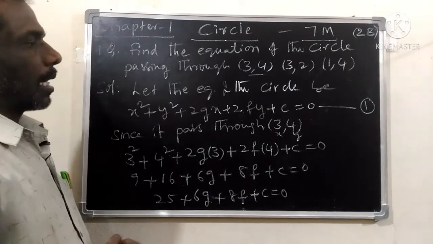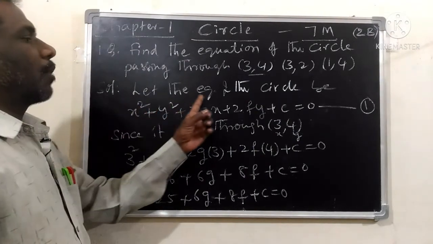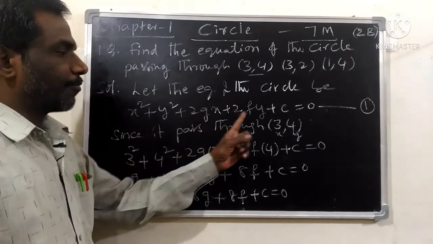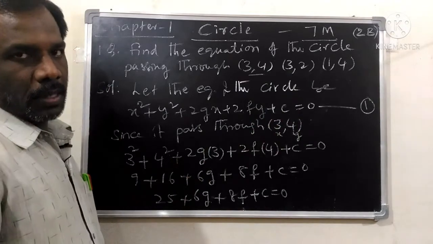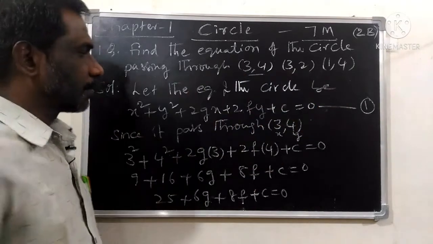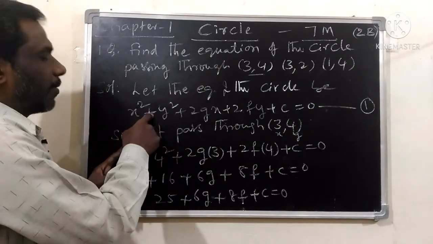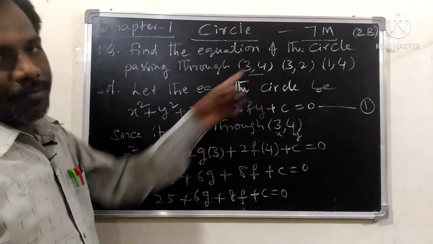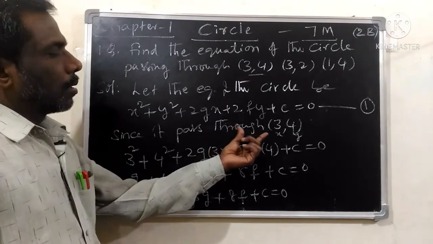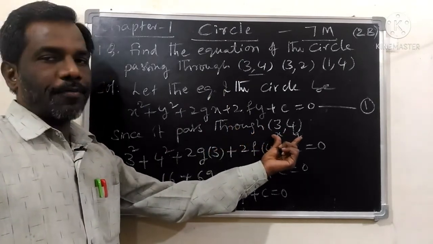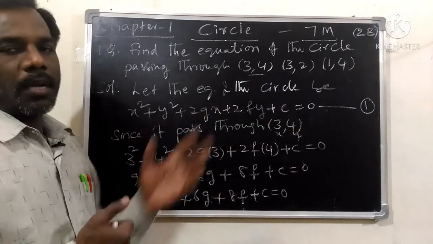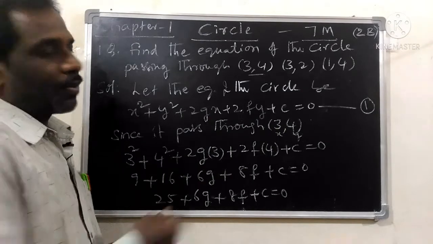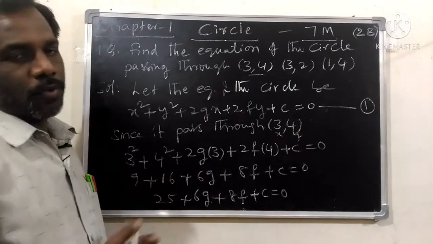Once again I am explaining this. Let the equation of the circle be x² + y² + 2gx + 2fy + c = 0. Let us assume this is the first equation. It passes through the first point, which is (3, 4), so substitute it in the equation of the circle. Where x is, we substitute 3, and where y is, we substitute 4.